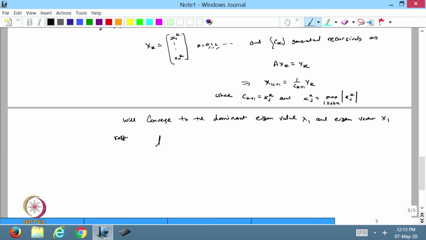So, that is, the limit as k tends to infinity, xk will converge to x1, and the limit as k tends to infinity, ck will converge to lambda 1. So, this is my statement of this one.